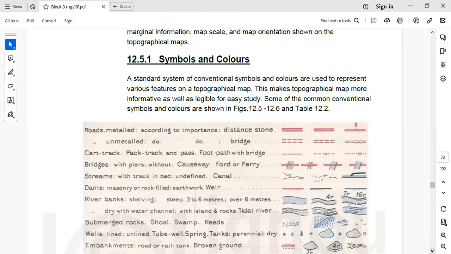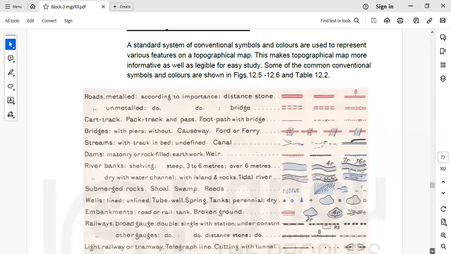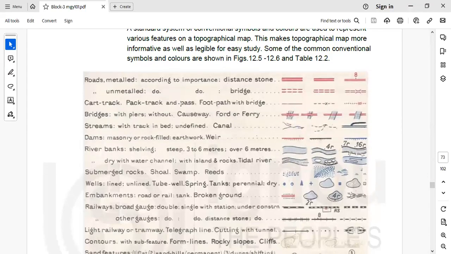The knowledge of these symbols and colors is very important to easily study the features present in the maps. For example, these types of symbols are used to represent roads, metal roads. So here we can see the various types of symbols, and these symbols represent various types of information.